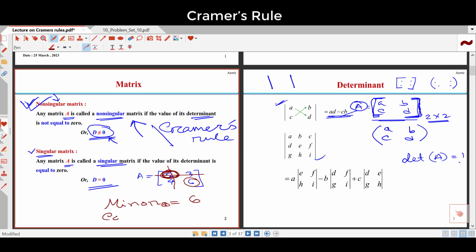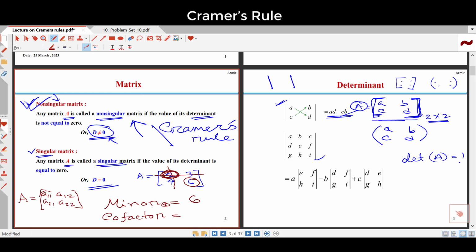Besides minor, you also have to know the definition of cofactor, the cofactor of any entry. First of all, you know that a matrix has entries A11, A12, A21, A22.